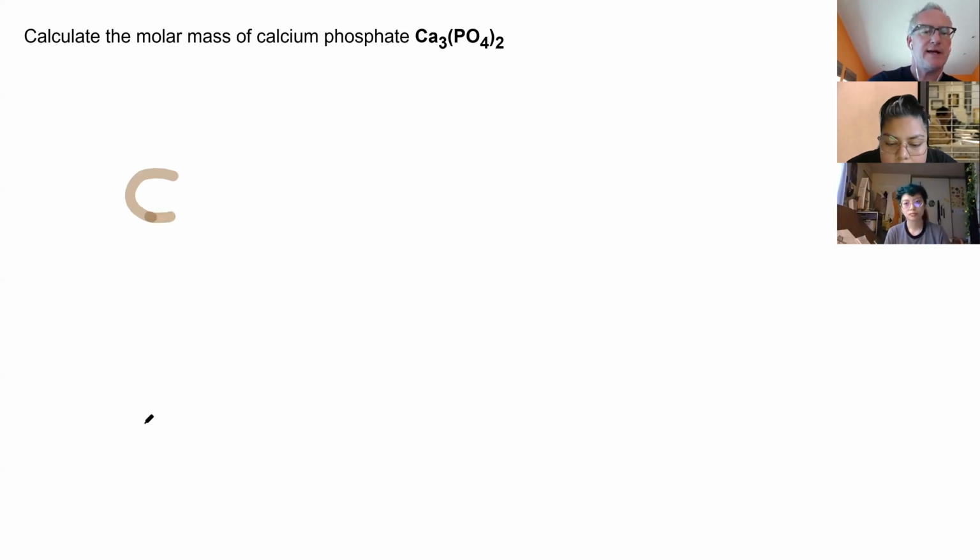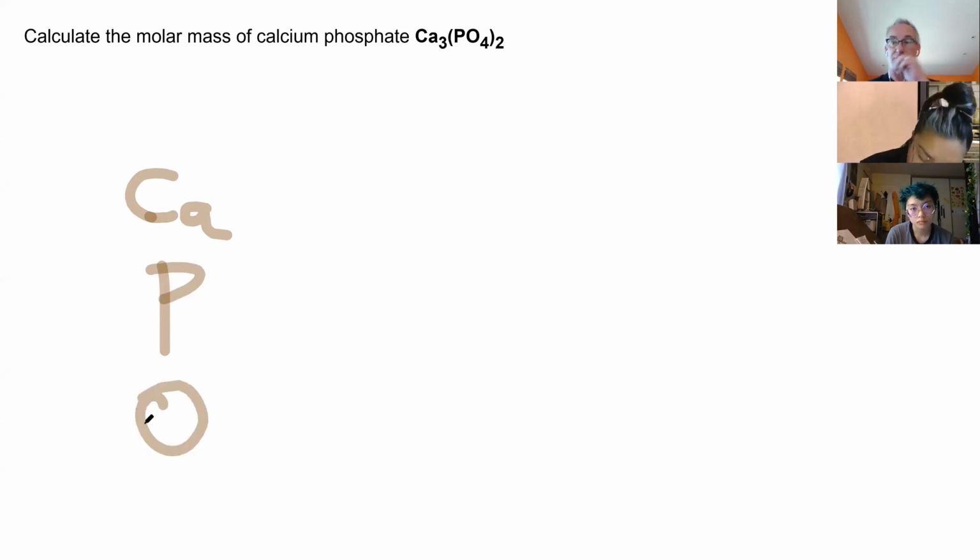So yeah, we have 3 elements. Our elements are calcium, phosphorus, and oxygen. But this is not an element. What do we call that? It's either a molecule or a compound.